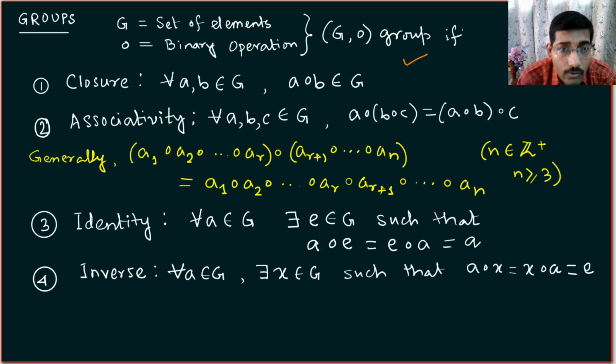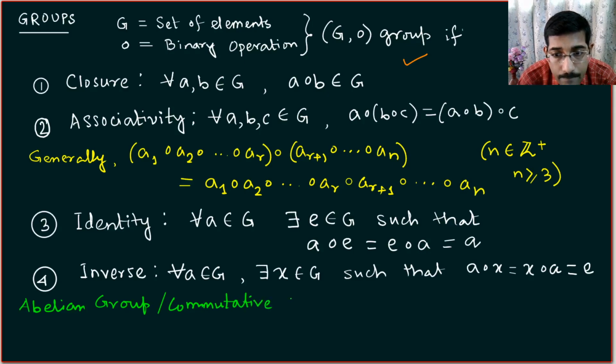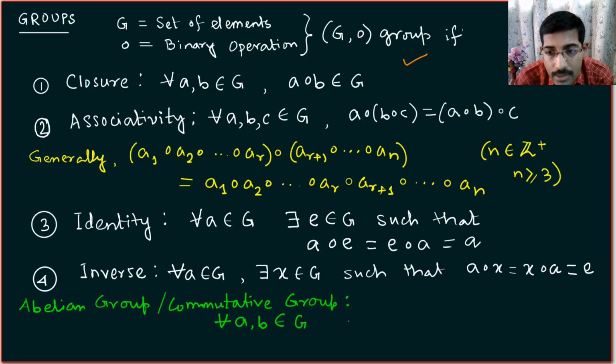Additionally, along with these properties, we have something called a commutative group or abelian group. We call a group commutative if for all A, B belonging to G, I can write the operation in any particular order.